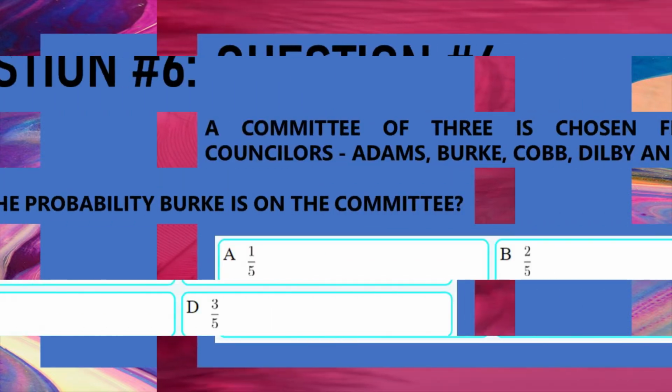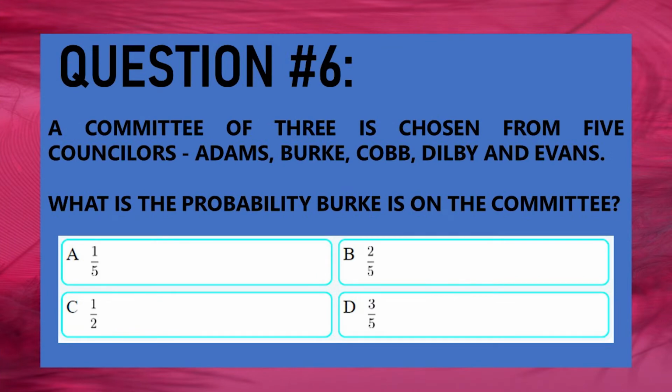3/8. Question number 6. A committee of 3 is chosen from 5 counselors: Adams, Burke, Cobb, Delby, and Evans. What is the probability Burke is on the committee? Letter A, 1/5. Letter B, 2/5. Letter C, 1/2.